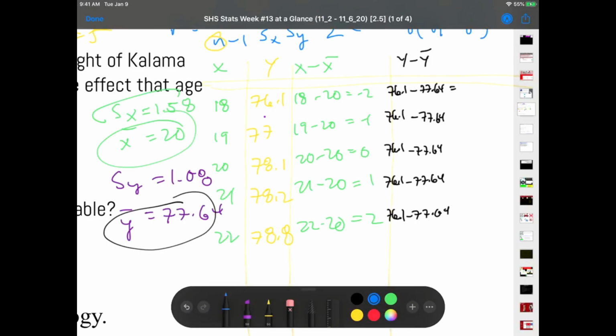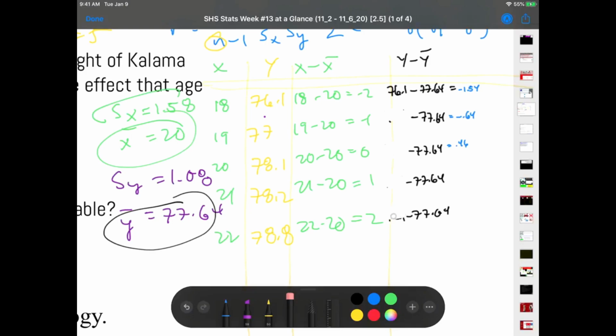So this will be negative 1.54, negative 0.64, 0.46. I made a mistake on those. I copied the wrong number there.